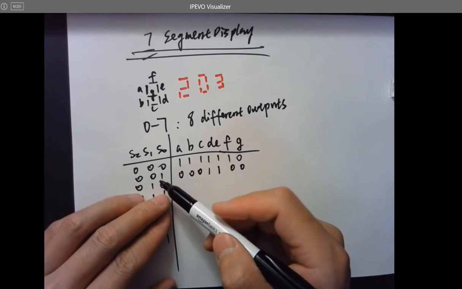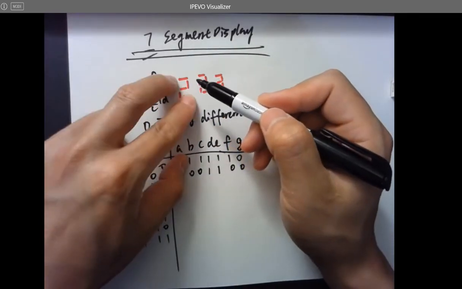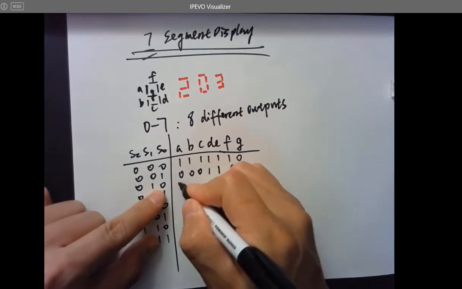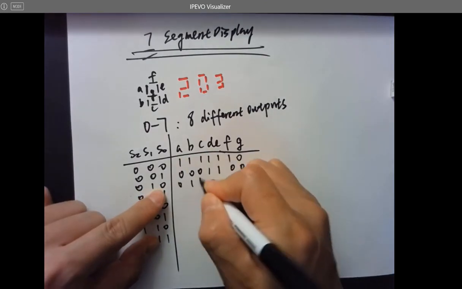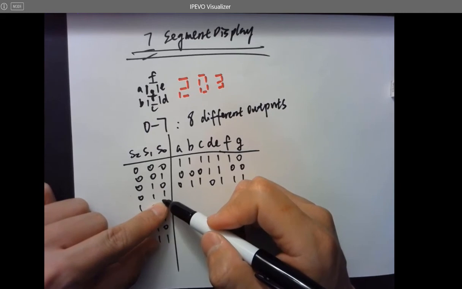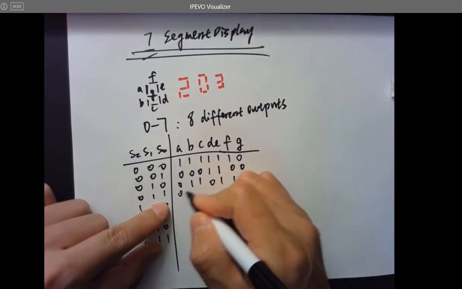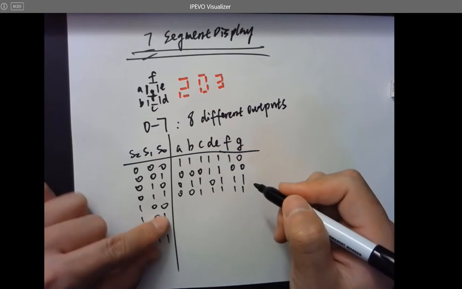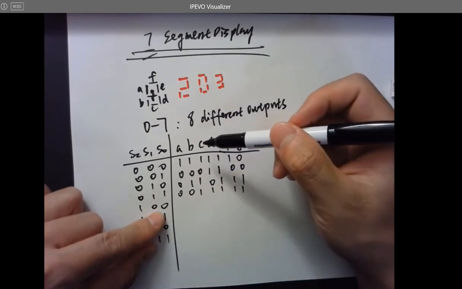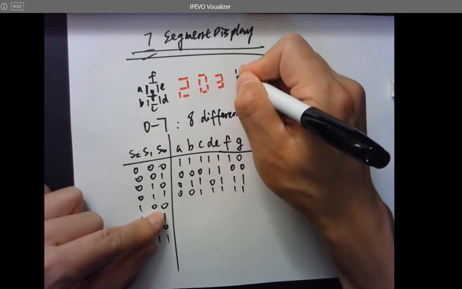For 2, A and D are off. All the rest are on. For 3, A and B are off. All the rest are on. 4 will be this.